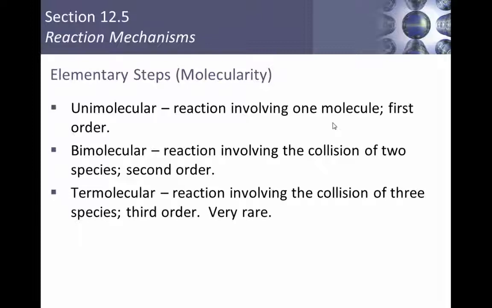Termolecular is a reaction involving three or more substances, and it is a rate law of third order. This rarely happens because it's hard to get three substances colliding in the right orientation with the right amount of energy to break the bonds. It's not very common, so you don't see those very often.